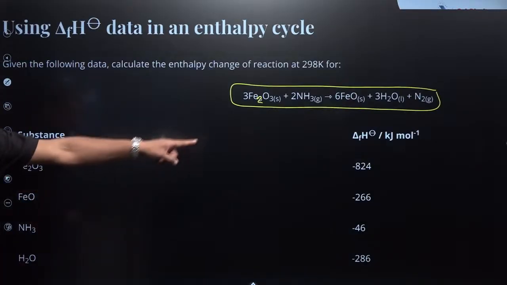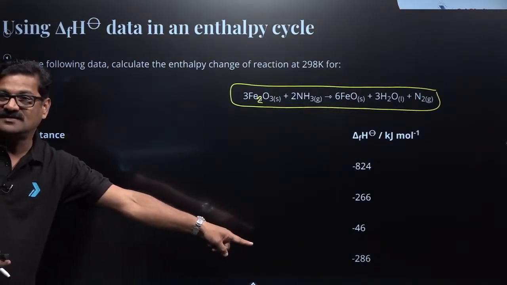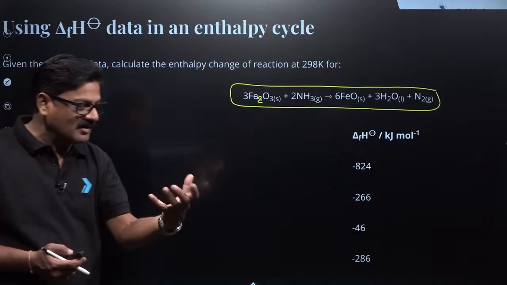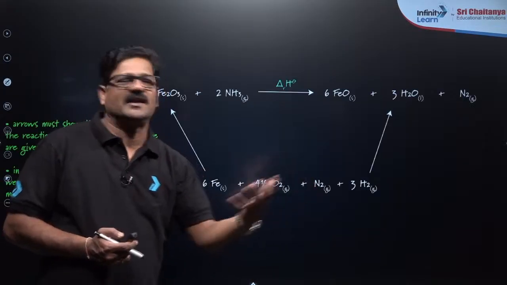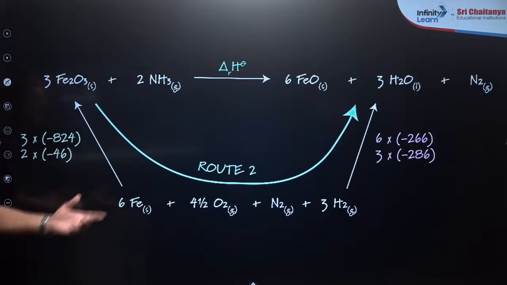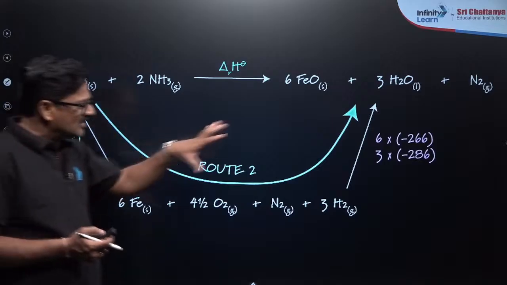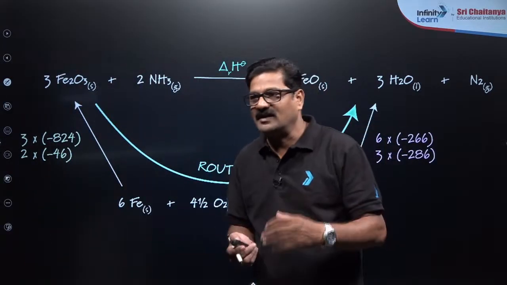Where are these numbers coming from? It is a skill of analyzing the data and using the data, nothing more than that. Analyzing the data and using the data. So let us use this calculation.